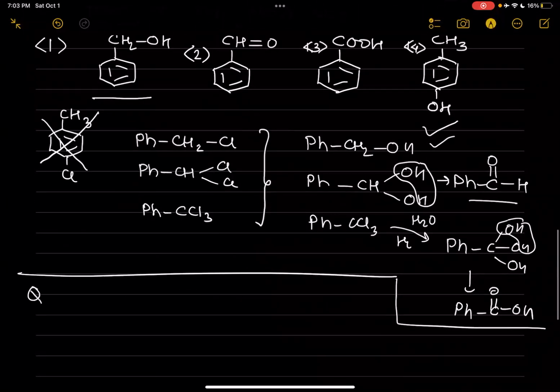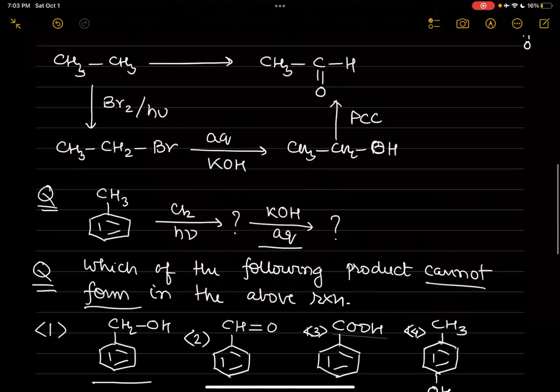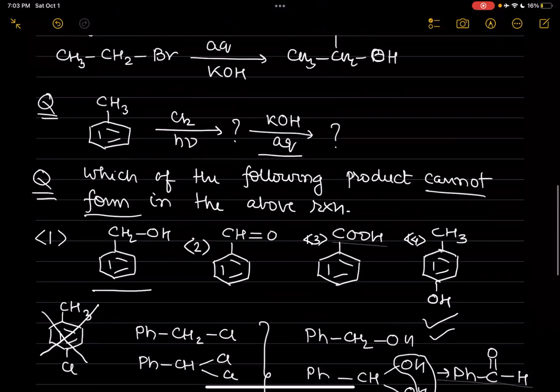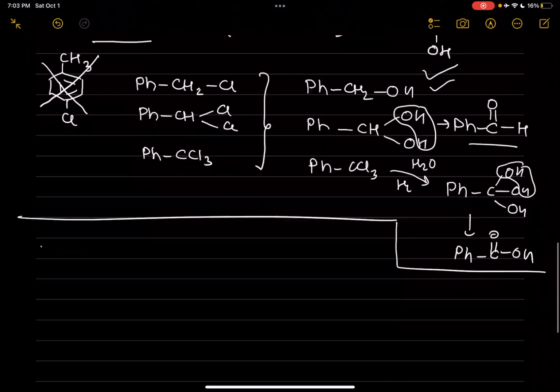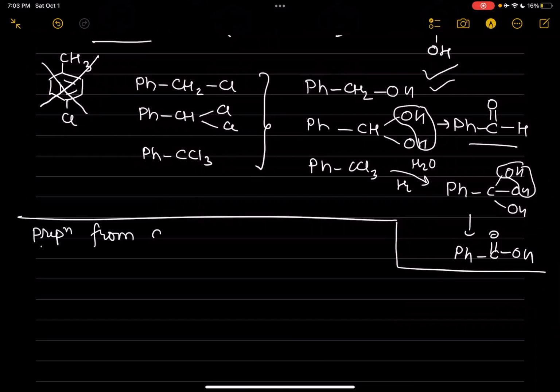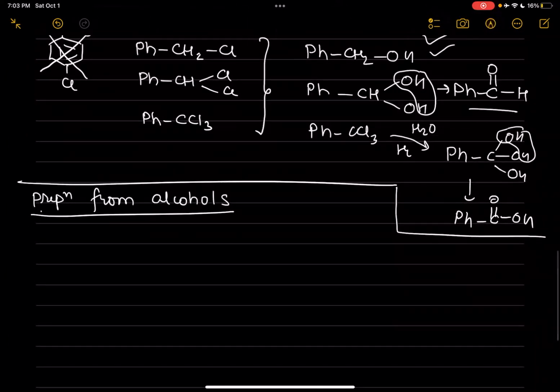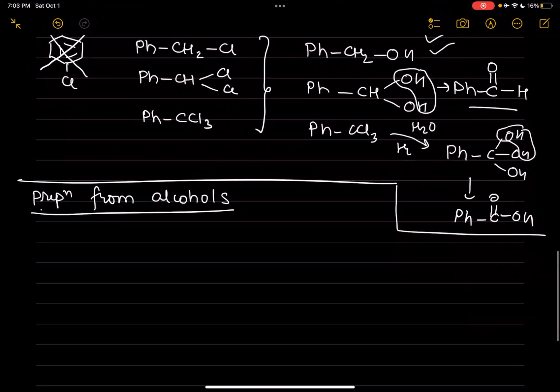Next is method of preparation. We prepared from alkynes, we prepared from alkyl halides. From alcohols, we have already seen, that we know by mild oxidation. But for mild oxidation, you need to be careful only for the primary alcohol.